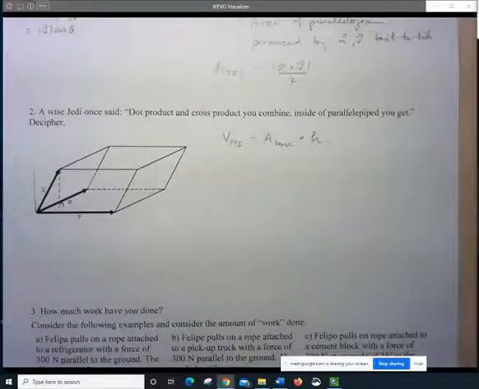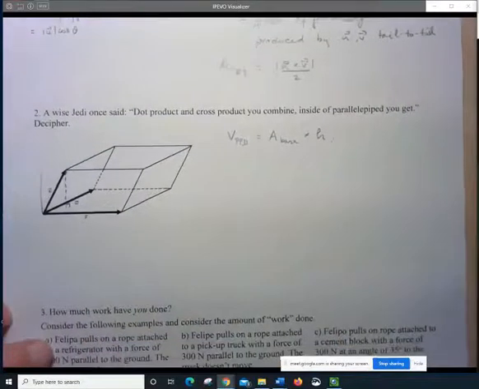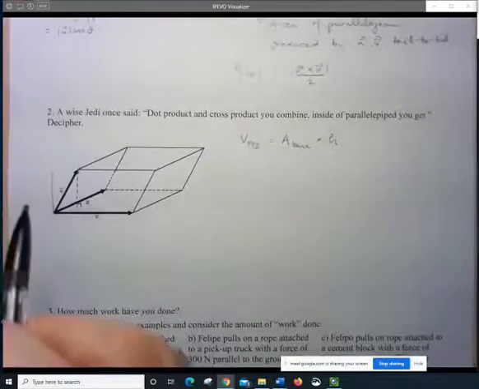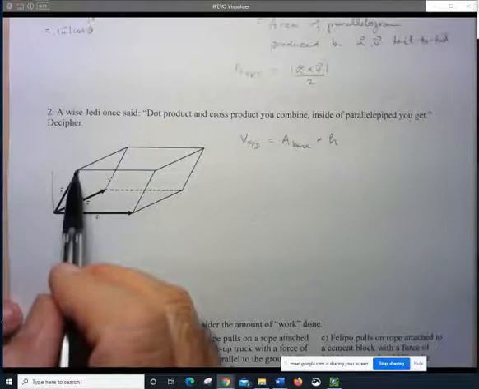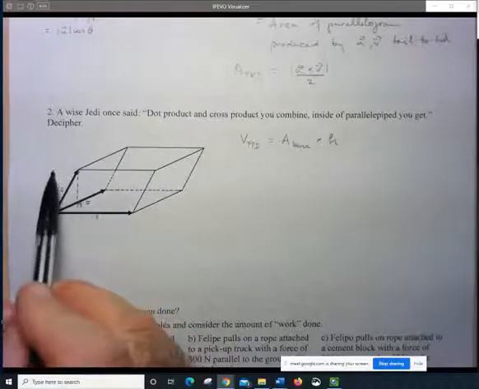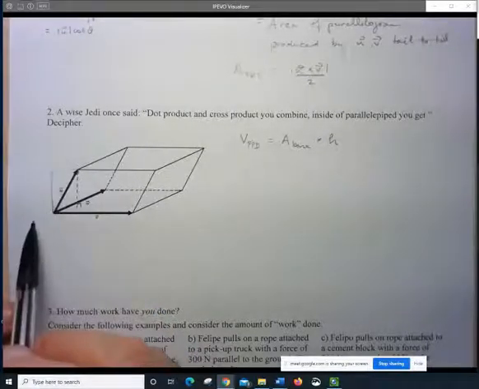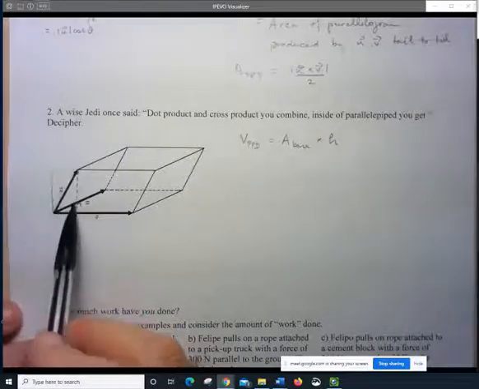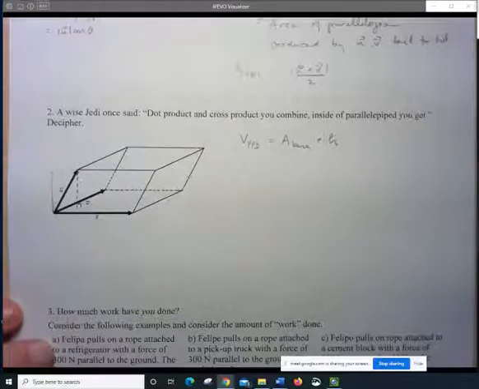So I guess the reason why I drew it here is what I was trying to imply to you: if you take this vector u, if you could find a way to project vector u onto the perpendicular line here, because remember this goes at a 90-degree angle, then you'd be able to use projections to determine this height.